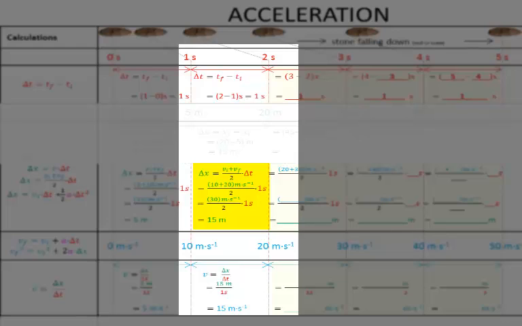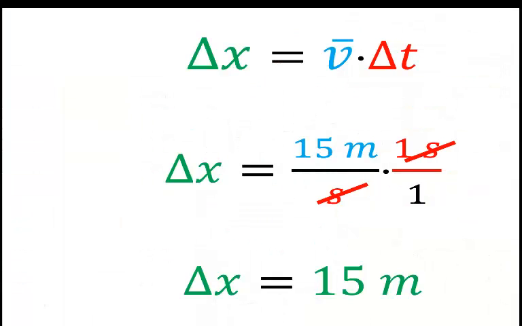Substitute values into that: 20 plus 10 divided by 2 multiplied by 1. Why 1? Because this is a 1 second duration. It lasts 1 second. So the average velocity is 30 divided by 2, 15 meters per second, and we multiply that by 1 second. 15 meters per second times 1 second. The seconds cancel out. The answer's value is in meters. It's the displacement for that interval, 15 meters.